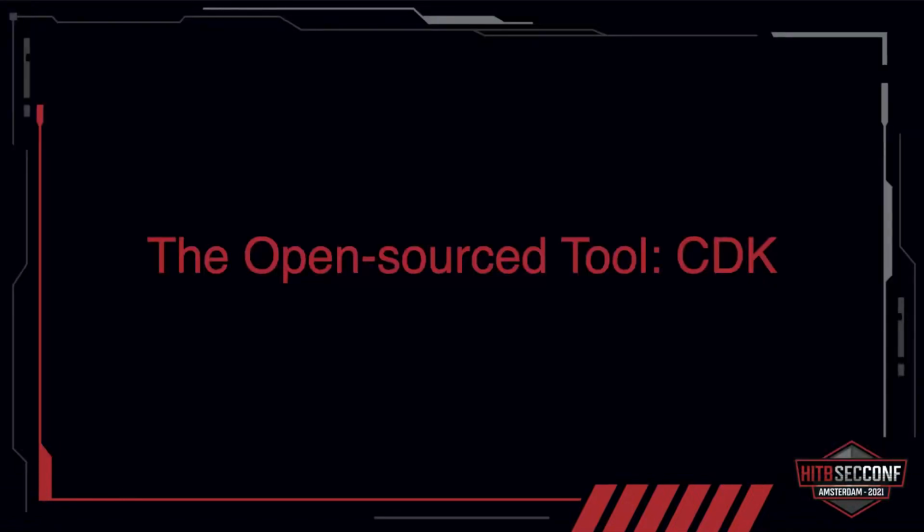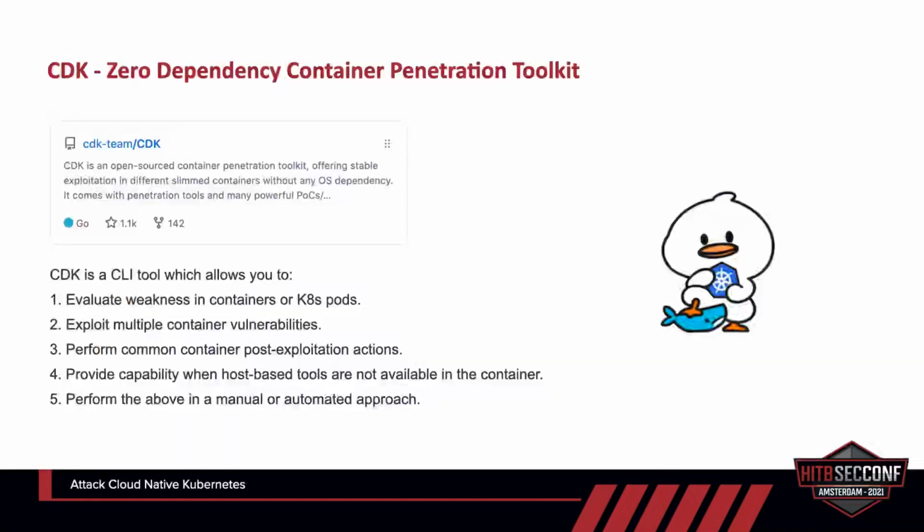Okay, by now we have talked a lot about how to identify and exploit container vulnerabilities, which is quite a common problem in red teaming. So with that problem in hand and thinking particularly about automation, we created a tool called CDK, written in Go and released as a binary.